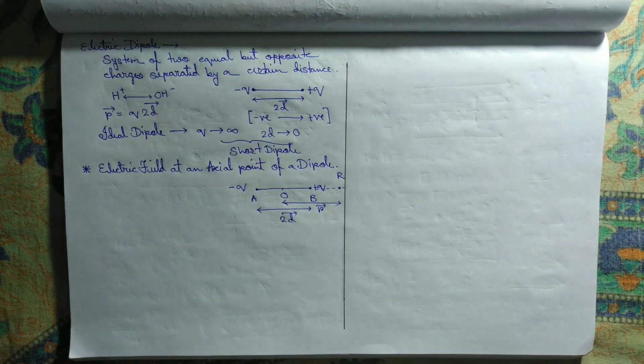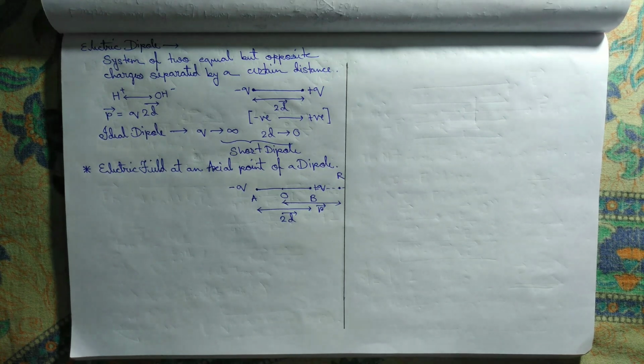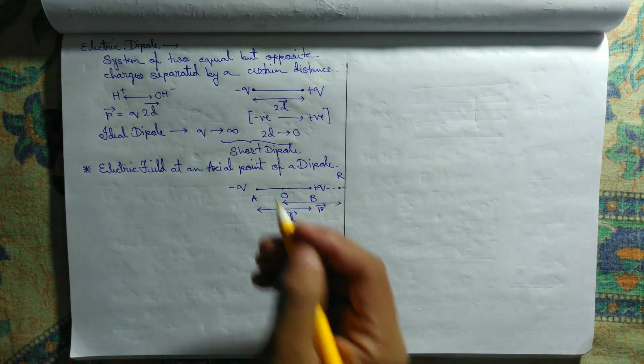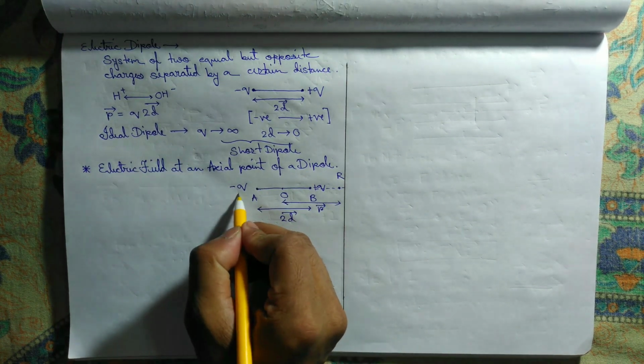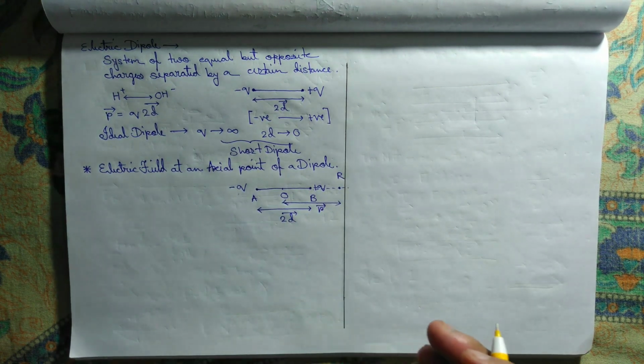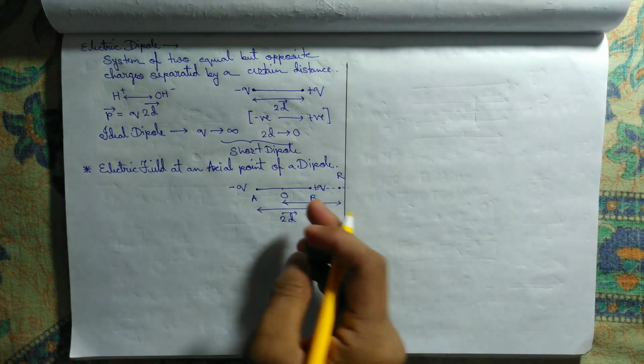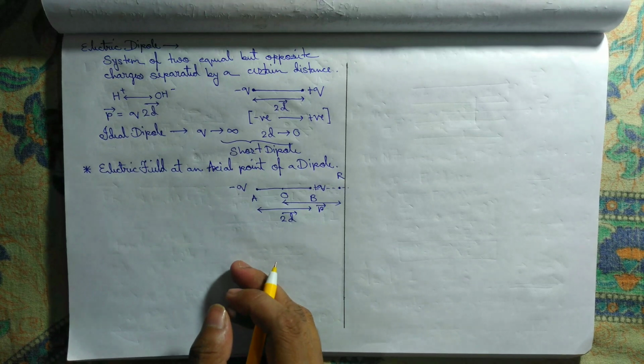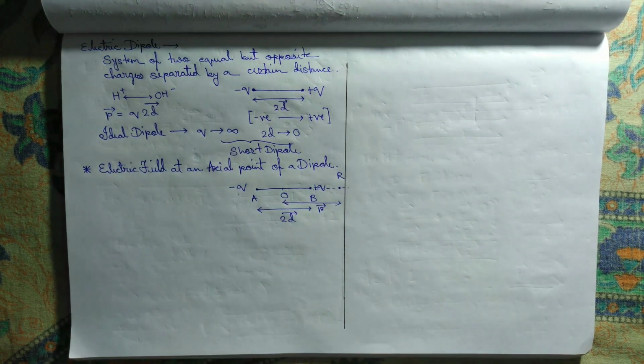So what will we do? We will consider the electric field due to the minus q charge and the plus q charge separately at R. Then we will combine them according to the superposition theorem, and we will get the resultant electric field for the whole dipole system.